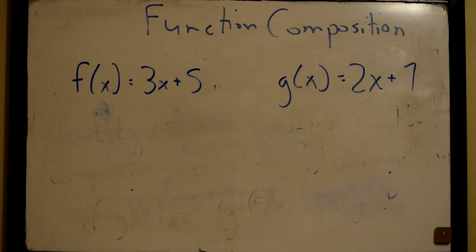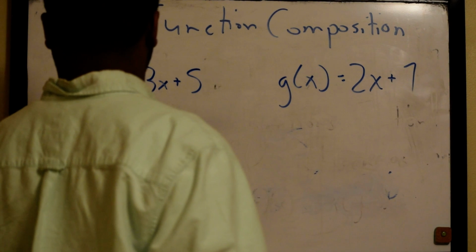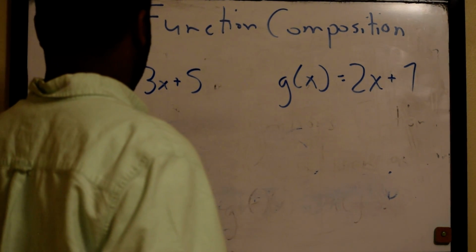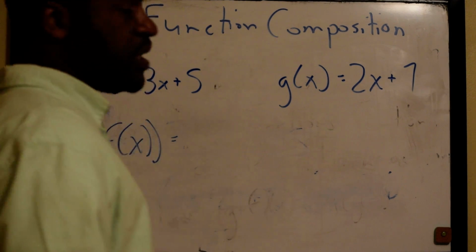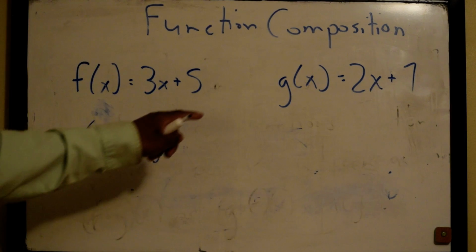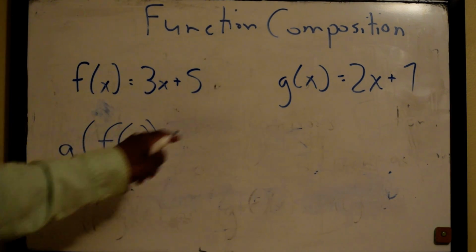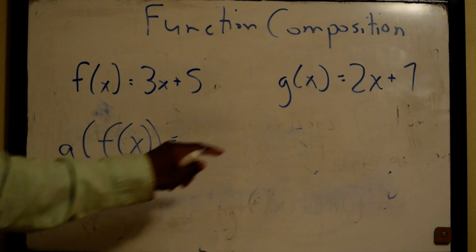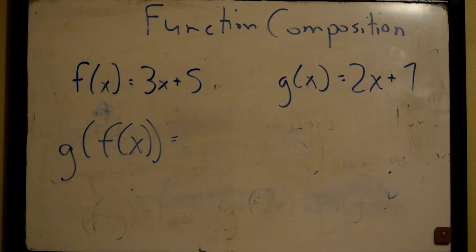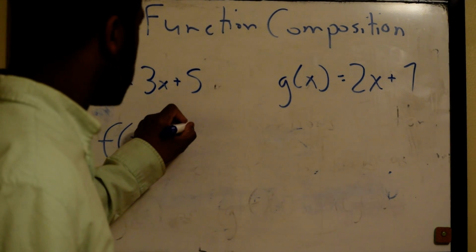We can work this exact same function, but now we could switch it and say g of f of x. So now we start with the g function, since that's our first letter, and we replace the x with the f function. So we start with 2.